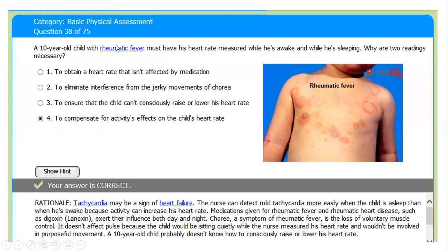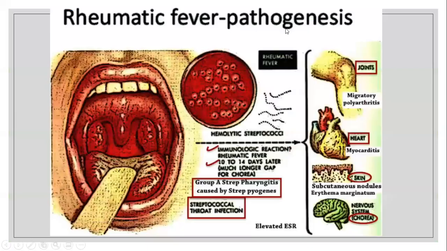Rheumatic fever is an inflammatory condition that may develop after infection with group A Streptococcus, pharyngitis caused by Streptococcus pyogenes bacteria, such as strep throat or scarlet fever.